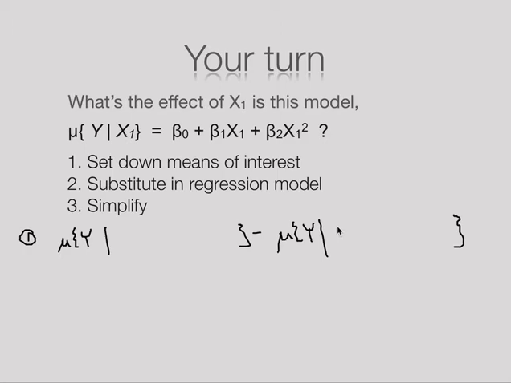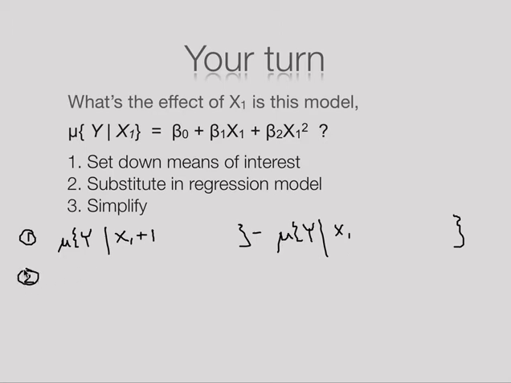So if x1 just takes the value x1, then if I increase it by 1, it takes the value x1 plus 1. And then if there are any other variables in this model, I'd put them in here and they would be held constant, so they'd be the same on the left-hand side of the subtraction as on the right-hand side. In this case, there aren't any other variables. Okay, so I've set down the models of interest.